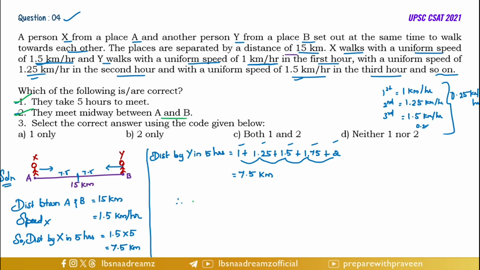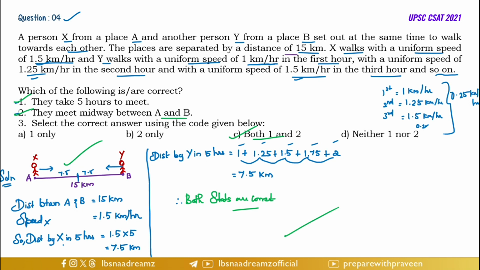So therefore, both the statements are correct. So both 1 and 2. Let us check the answer. Yes, option C, both 1 and 2, they are correct.